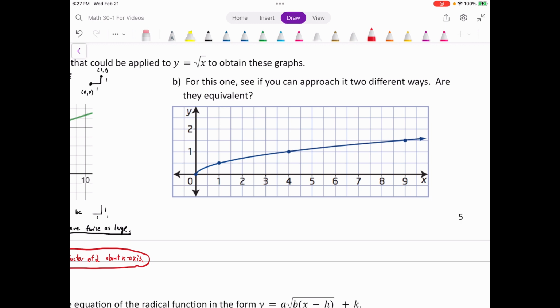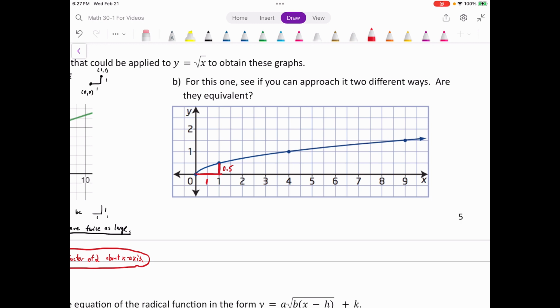Well, if I look here, going over 1, maybe I'll color code this a bit, actually, use red, over 1, and then up 1. Sorry, going over 1, I don't actually have to go up 1 to get to my next point. I only go up 0.5 or 1/2, right? So we could think of this as a vertical stretch, right?